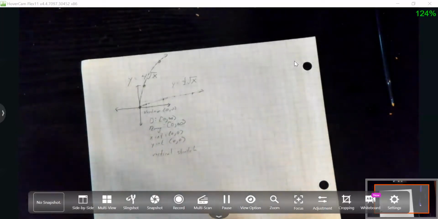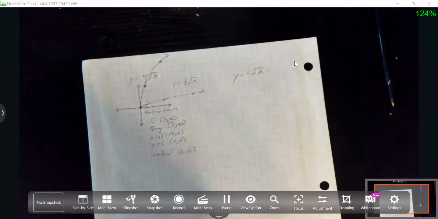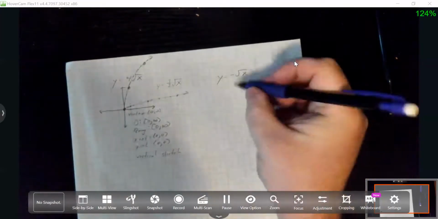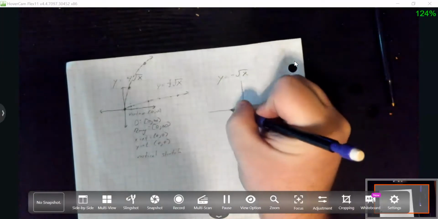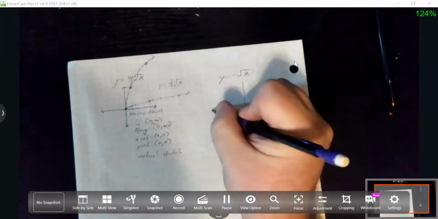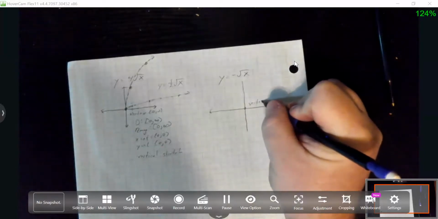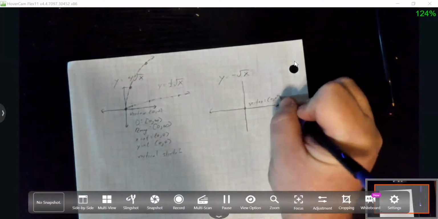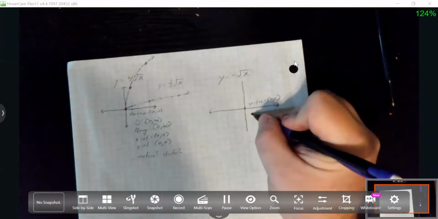What about negative? Well, if we had negative square root of x, this one's going to be a little bit different. Negative is actually going to flip us upside down. So still starting at 0, 0, there's my vertex. We haven't moved it left or right. But now, instead of going over 1 up 1, we'd go over 1 down 1.